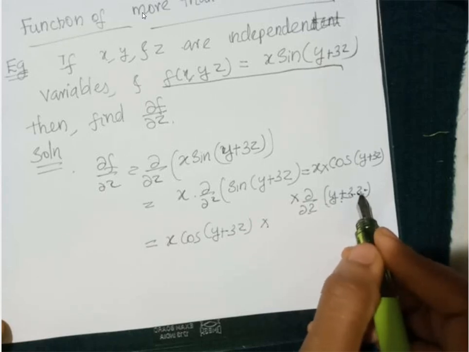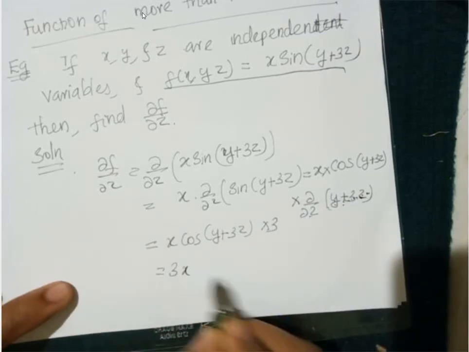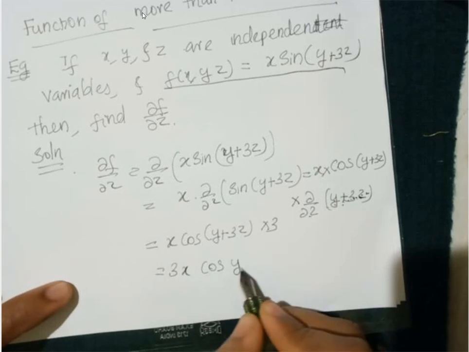So this is 3. The answer is 3x cos(y + 3z).